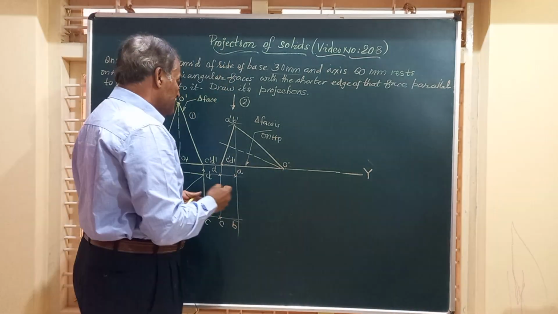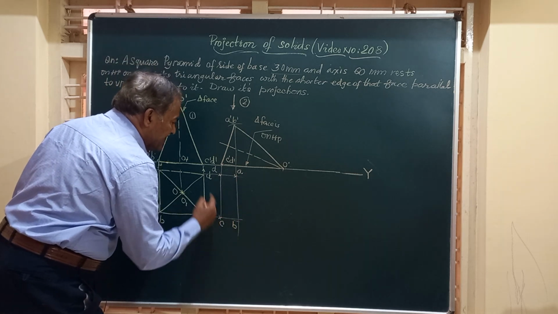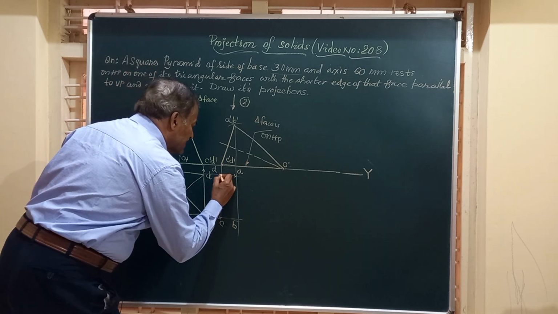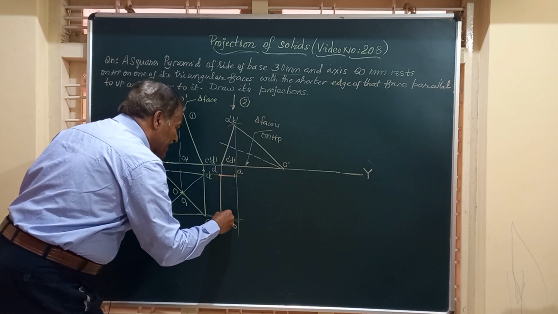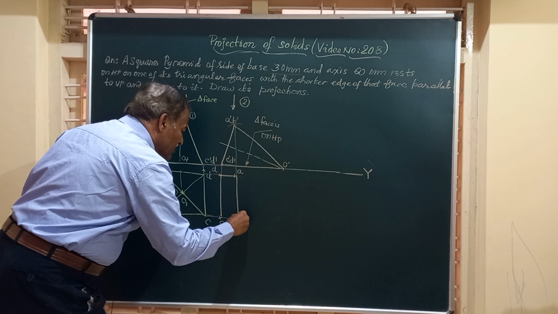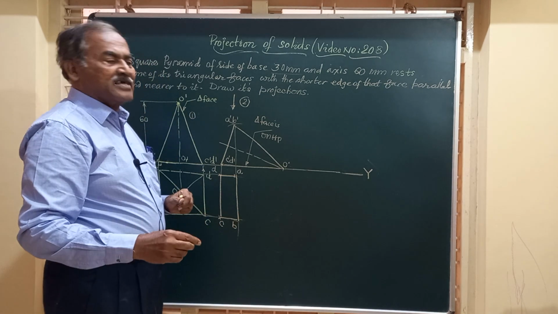In other words, the base has got 4 points A, B, C, D, so they are completely visible. Means I have to join all these by dark line. If it is a pentagon, you will have 5 points. Hexagon, you will have 6, and so on.